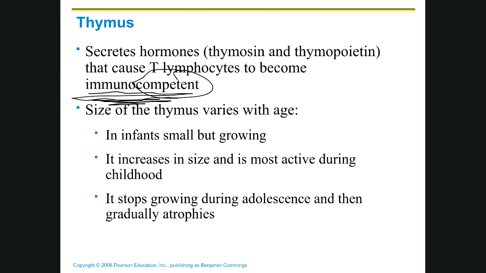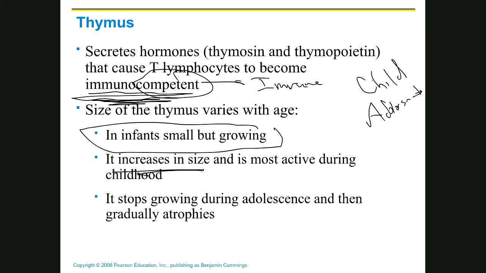Well, this is part of our immune system. And our immune system is mostly growing like crazy when we're children and adolescents. So that's when your immune system is growing. And so the thymus is big. It increases in size all through childhood, all the way through adolescence. But then your immune system is pretty much mature after that.